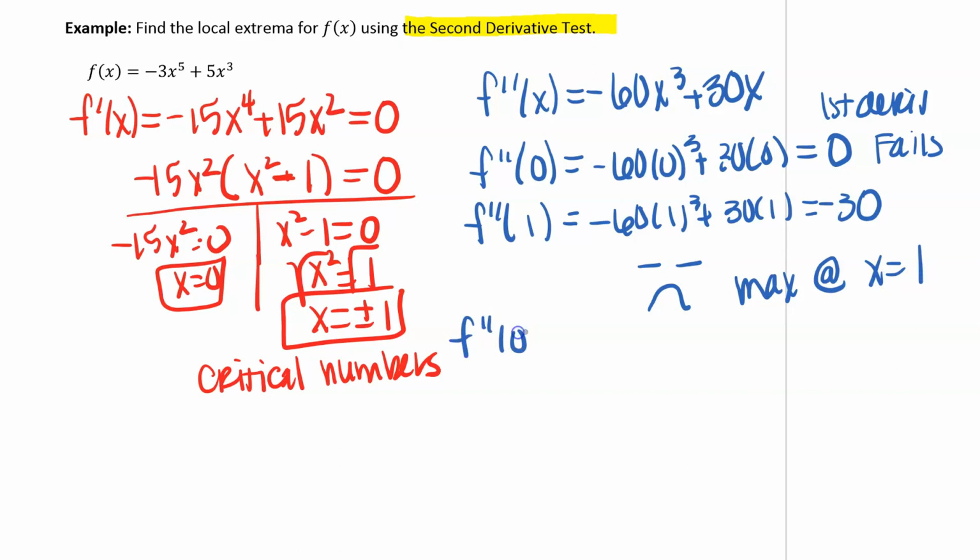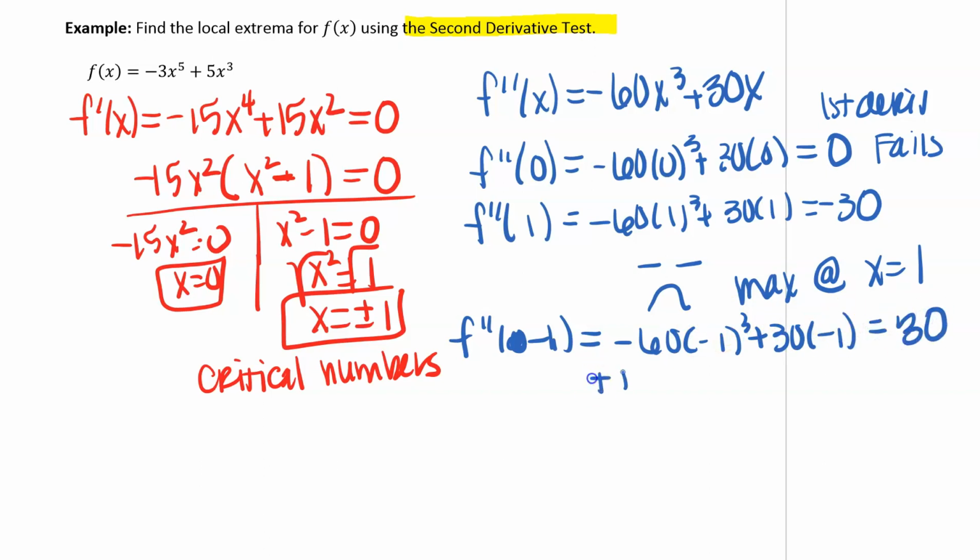F double prime at negative 1 would be equal to negative 60 times negative 1 cubed plus 30 times negative 1, resulting in a value of positive 30. So we're looking at a smiley face here, and so I'm going to have a minimum at x equal to negative 1.